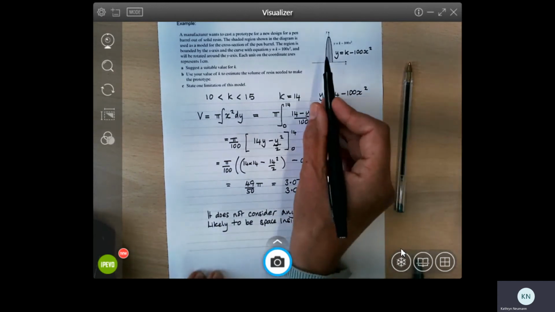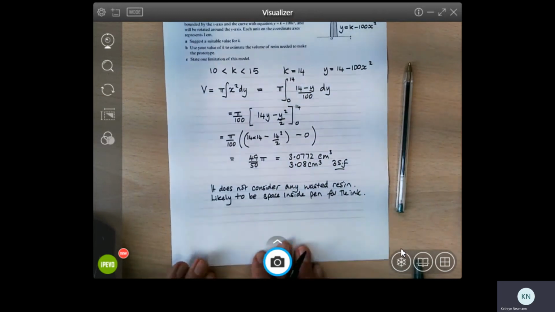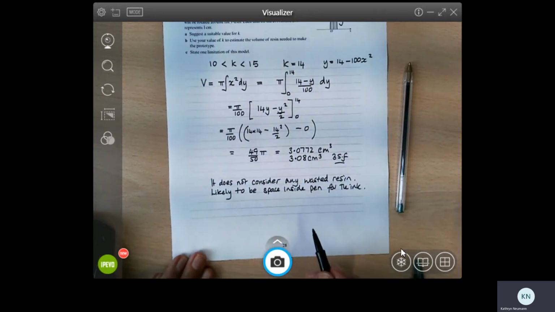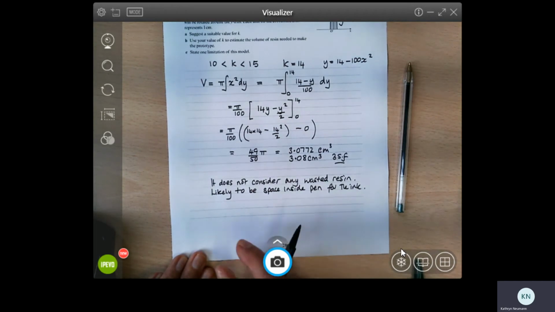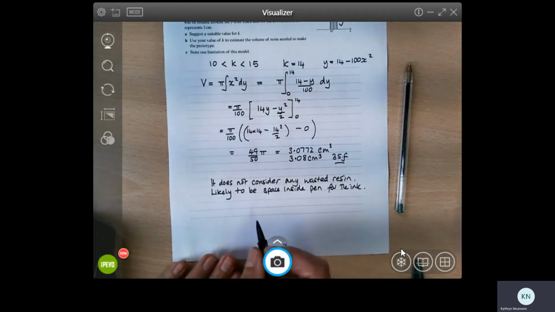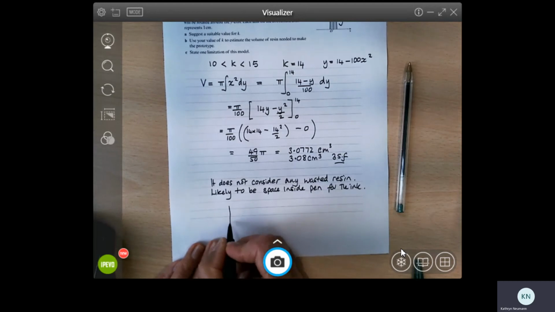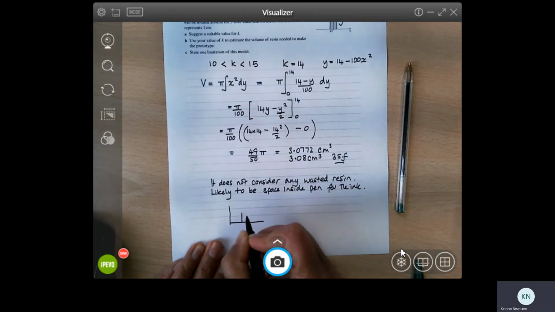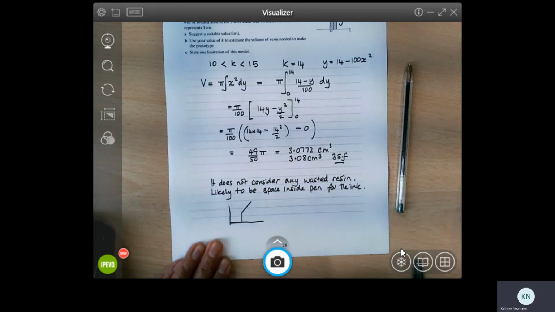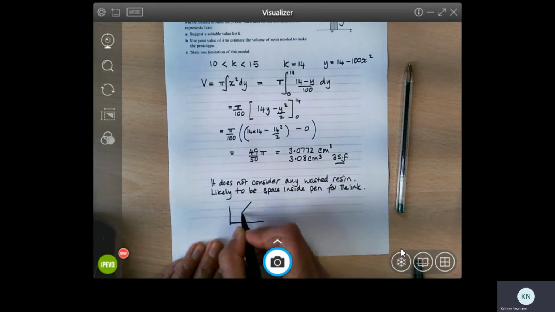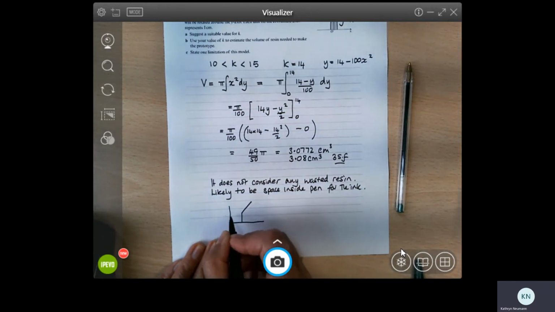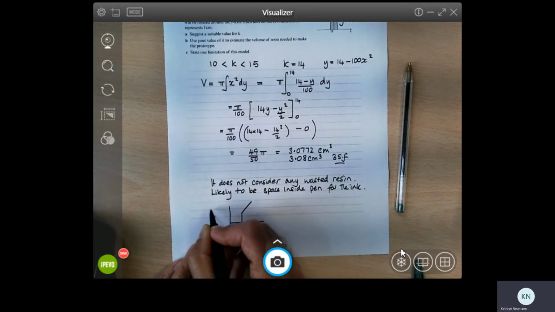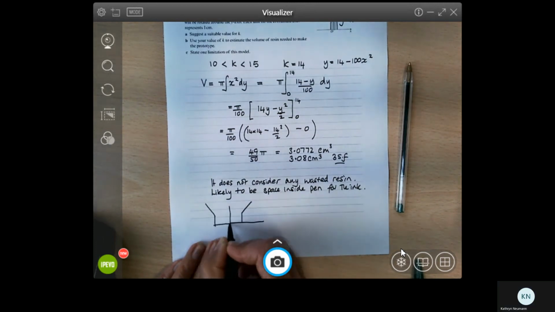So you've got to look carefully at what's rotated here. Also, bear in mind for these questions, you can have, and often do have, questions made up of sections. So you might have a vase, for instance, that's made up of a straight line and a curve being rotated to create this vase.